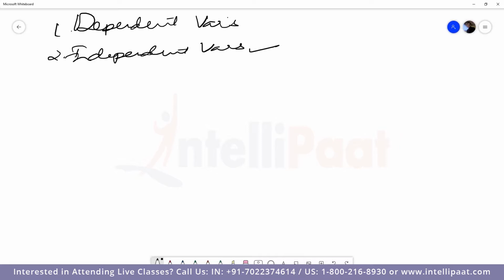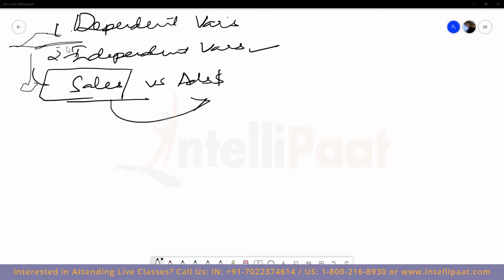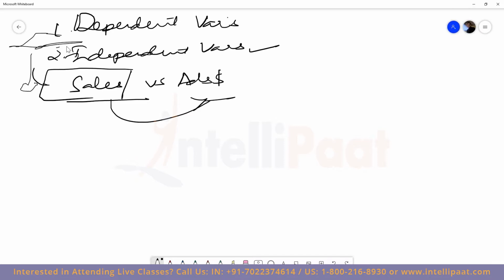For example, if I'm interested in predicting sales as a function of money spent on ads, then sales is my target variable. So sales is dependent on ads. Hence, sales becomes my dependent variable and ads becomes my independent variable.